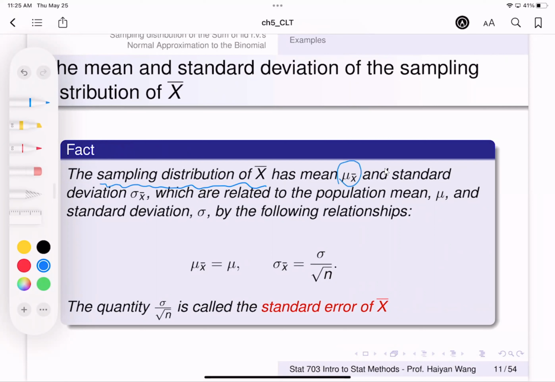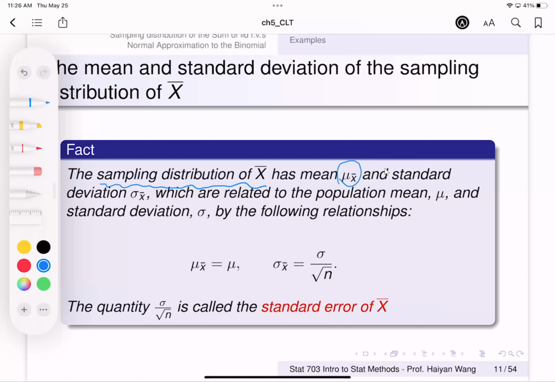This is just the center of that distribution. And for the standard deviation, we use sigma with the subscript x bar again. These two quantities are related to the population mean and the population standard deviation, and the relationship is given in the formula below. X bar's mean is equal to the population mean of each of the xi.